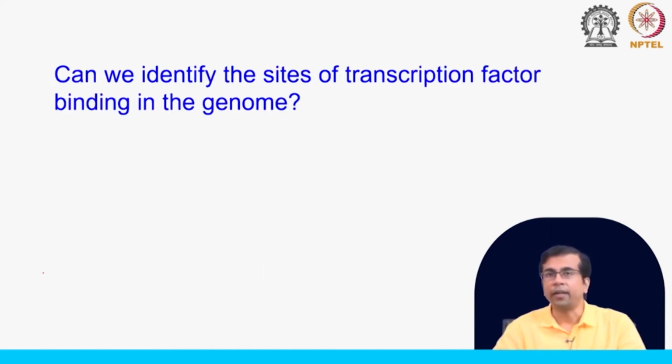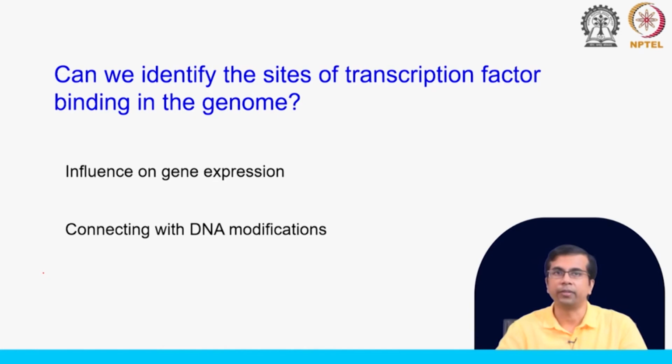So, can we identify these sites of transcription factor binding in the genome directly? Instead of relying on methylation information, can we directly identify the binding sites of transcription factors in the genome? The ultimate goal is to understand how the epigenome regulates gene expression. If we can identify these transcription factor binding sites and see whether transcription factors are bound to specific sites, then we can correlate that with the gene expression levels.